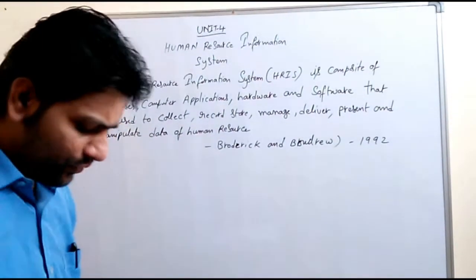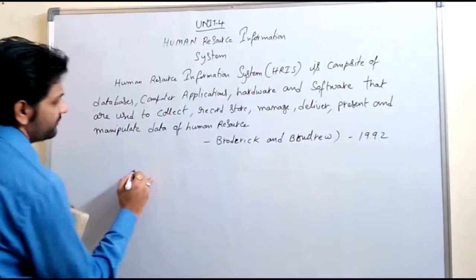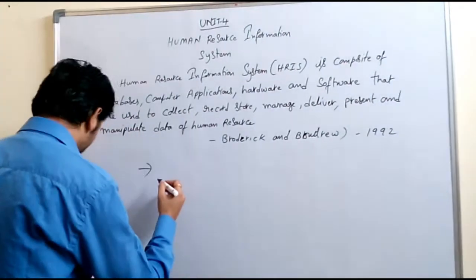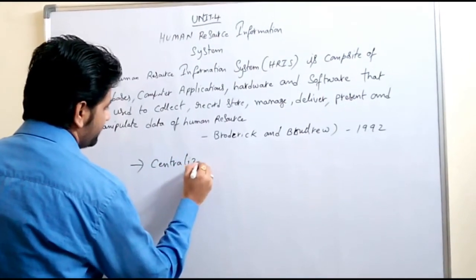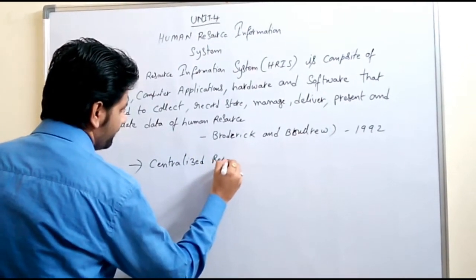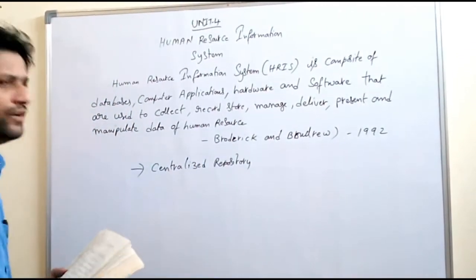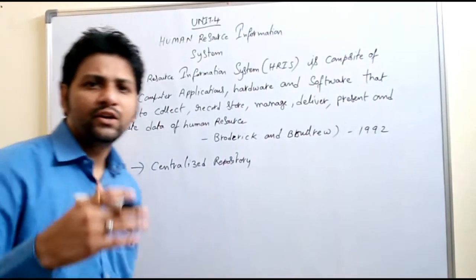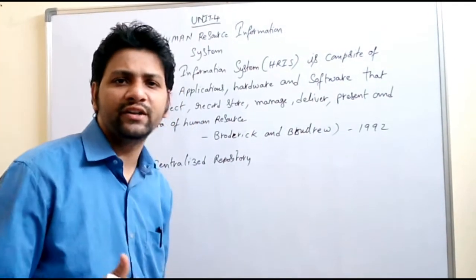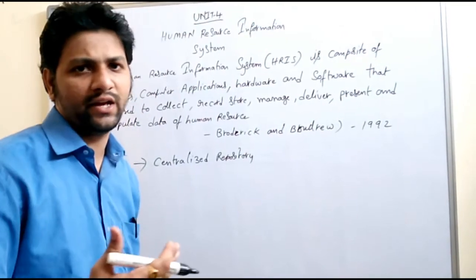The first point is that it provides a centralized repository. What is that? There are various types of things, such as the employee details, name, address and everything, which are stored in a particular area.